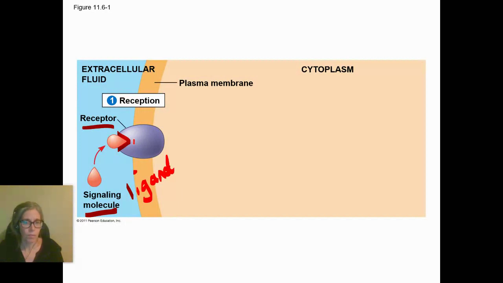This receptor wouldn't fit with serotonin or acetylcholine or epinephrine or anything else. It would just fit with its one type of signaling molecule. So that is reception or signal perception. If a cell doesn't have the receptor for the signaling molecule, then nothing happens. The signaling molecule can't affect it.